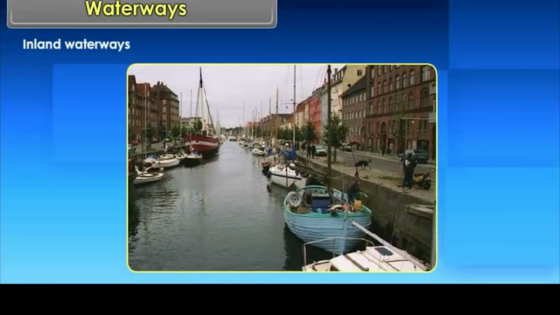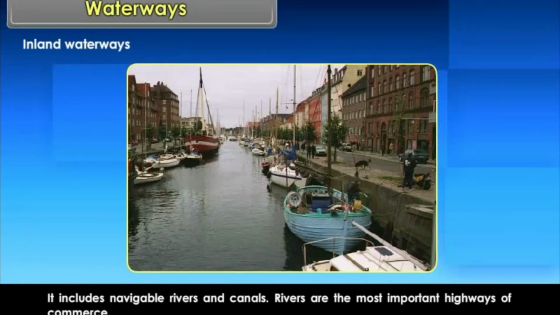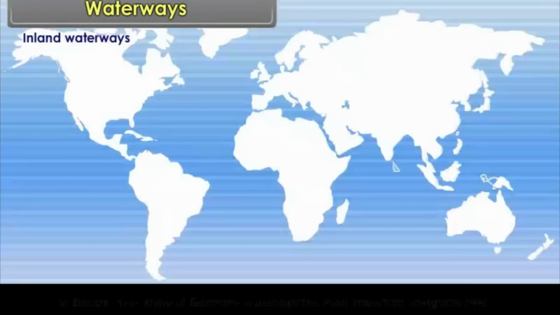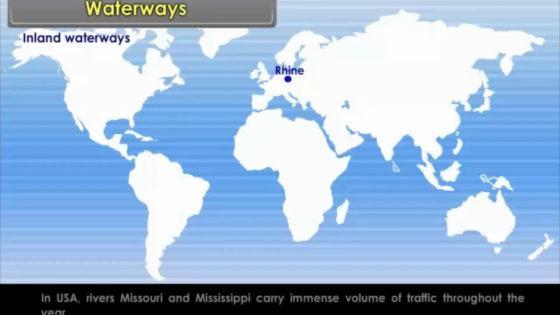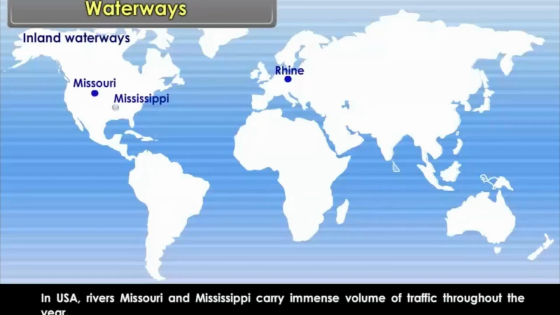Inland waterways. It includes navigable rivers and canals. Rivers are the most important highways of commerce. In Europe, River Rhine of Germany is perhaps the most important navigable river. In USA, rivers Missouri and Mississippi carry immense volume of traffic throughout the year.